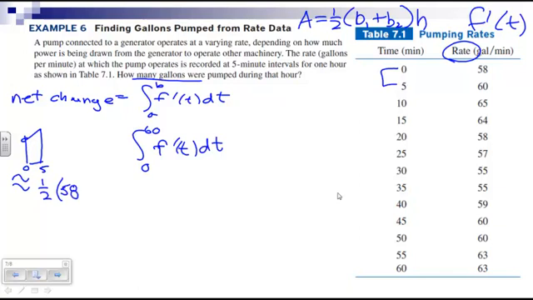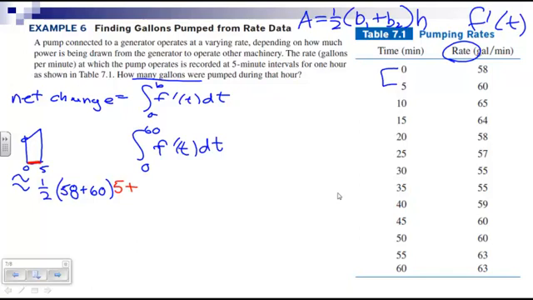The second base has a height of 60. These are the 2 bases, and this particular piece right there, that's the H, the height. It's kind of like laying on its side. And it's got a height of 5. And there's the first trapezoid done.